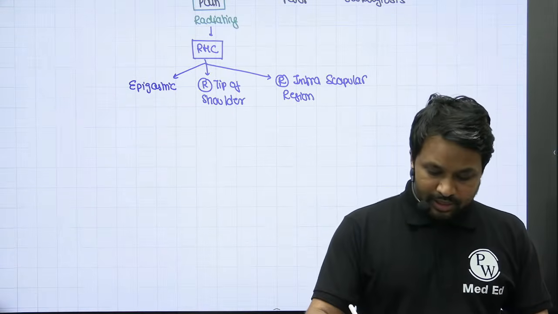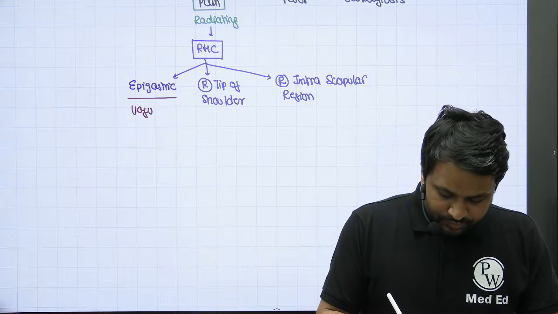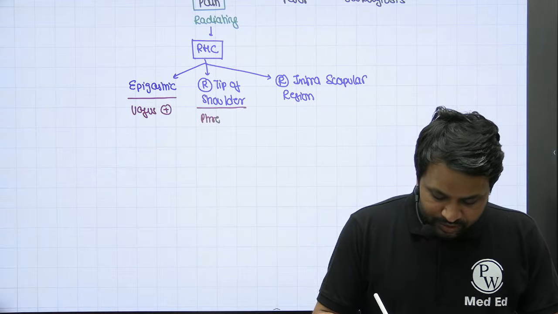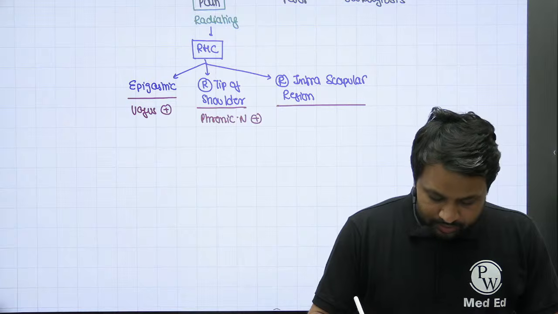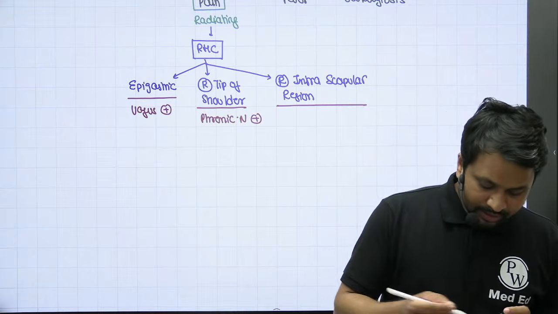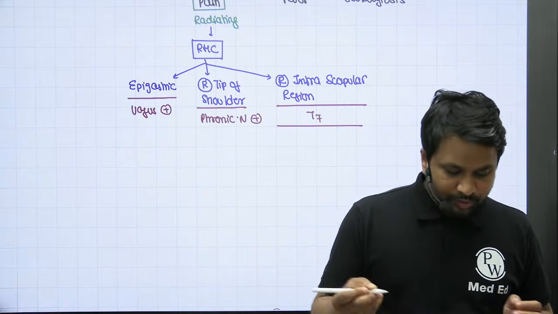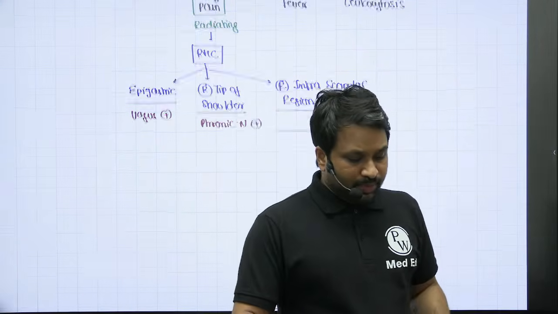Now why does it radiate to the epigastric region? It is mediated by the vagus nerve. The right tip of the shoulder is mediated by the phrenic nerve, and the right infrascapular region is supplied by the T7 vertebra or the T7 dermatome, which is going to pass through the same plane. Okay? So that's with respect to pain.